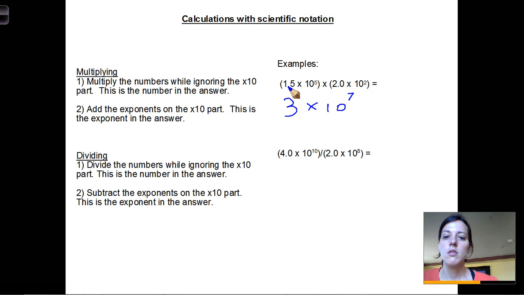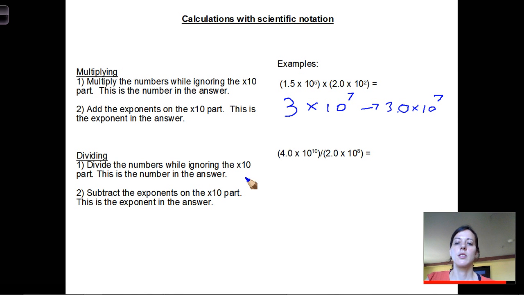So right here we have 2 significant figures, and right here we have 2 significant figures. So we need to write our answer in a way that has 2 significant figures. We don't look at the exponent to count significant figures, we just look at this portion. This has 1 significant figure, so when you write down your answer, you actually need to write 3.0 times 10 to the 7th.